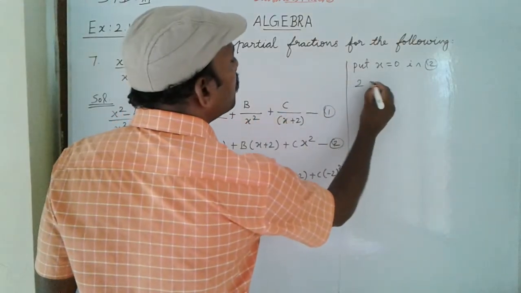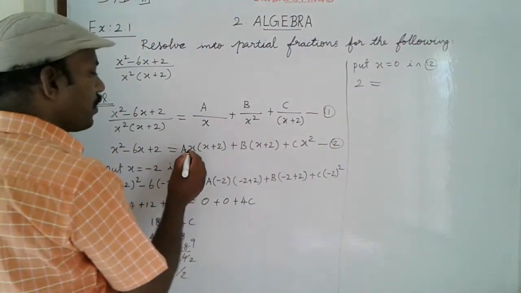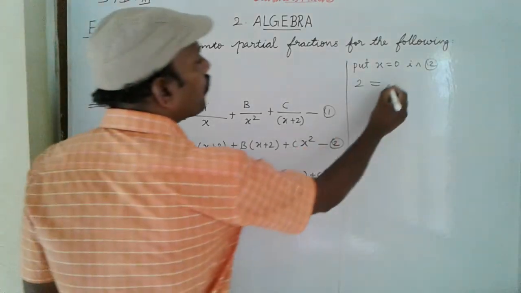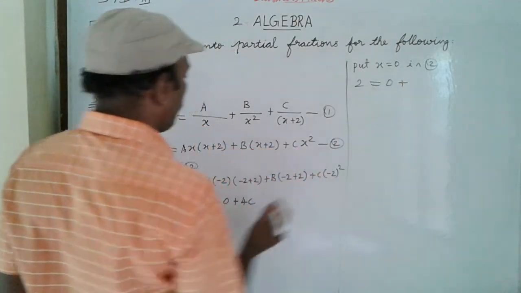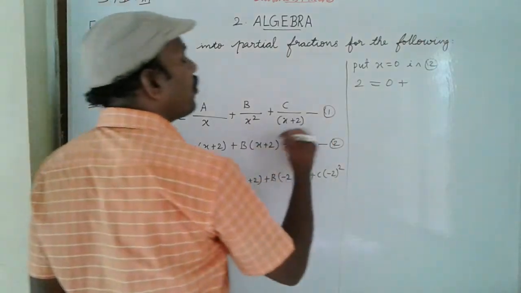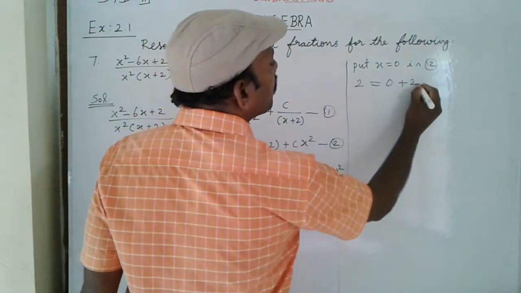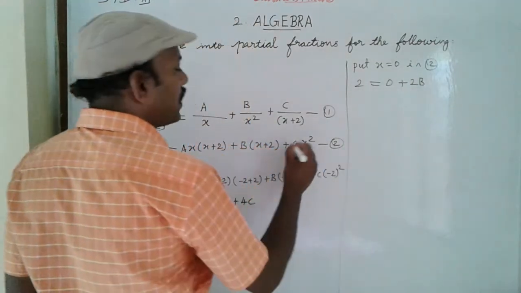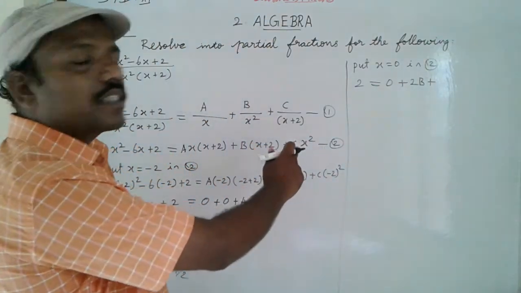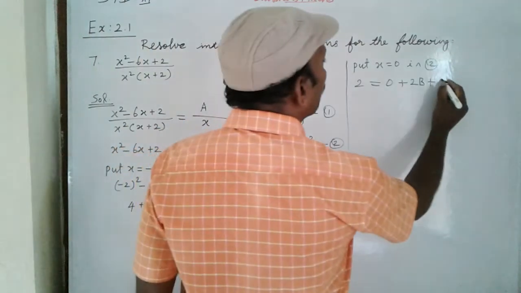So 2 equals a into 0, which is 0, 0 into (x + 2) is 0, plus b into (0 + 2). 0 plus 2 is 2, and 2 into b is 2b, plus c into 0, and 0 squared is 0, 0 into c is 0.